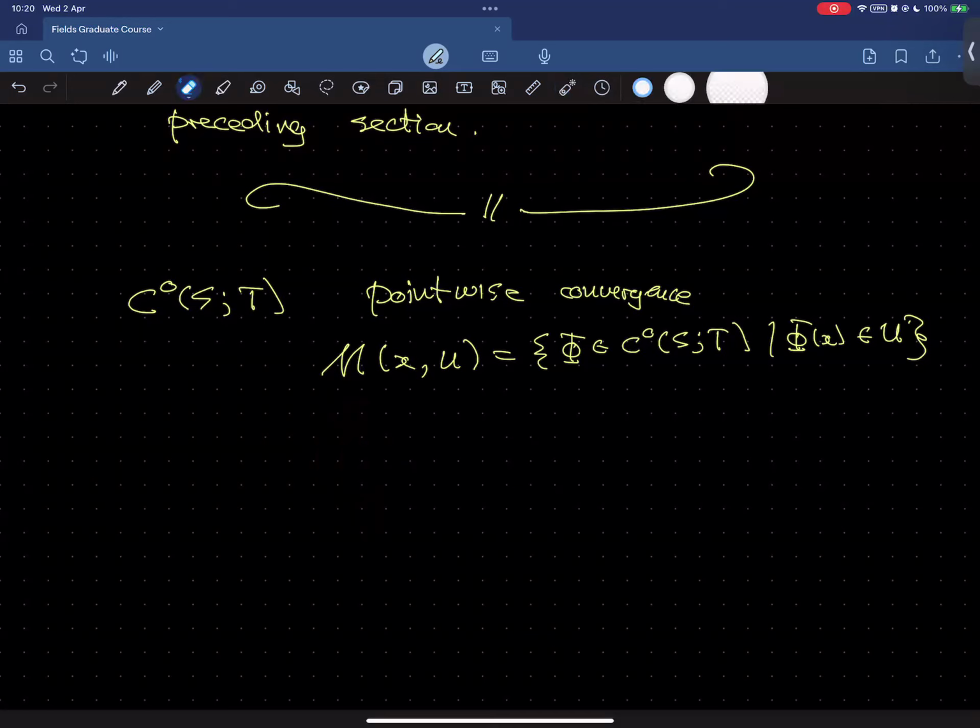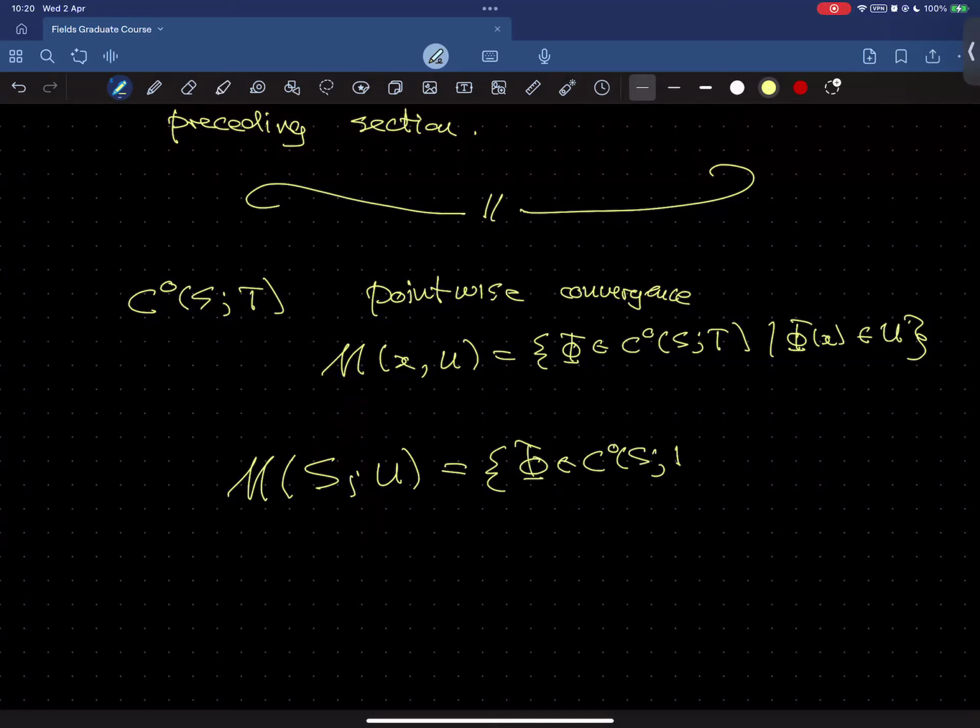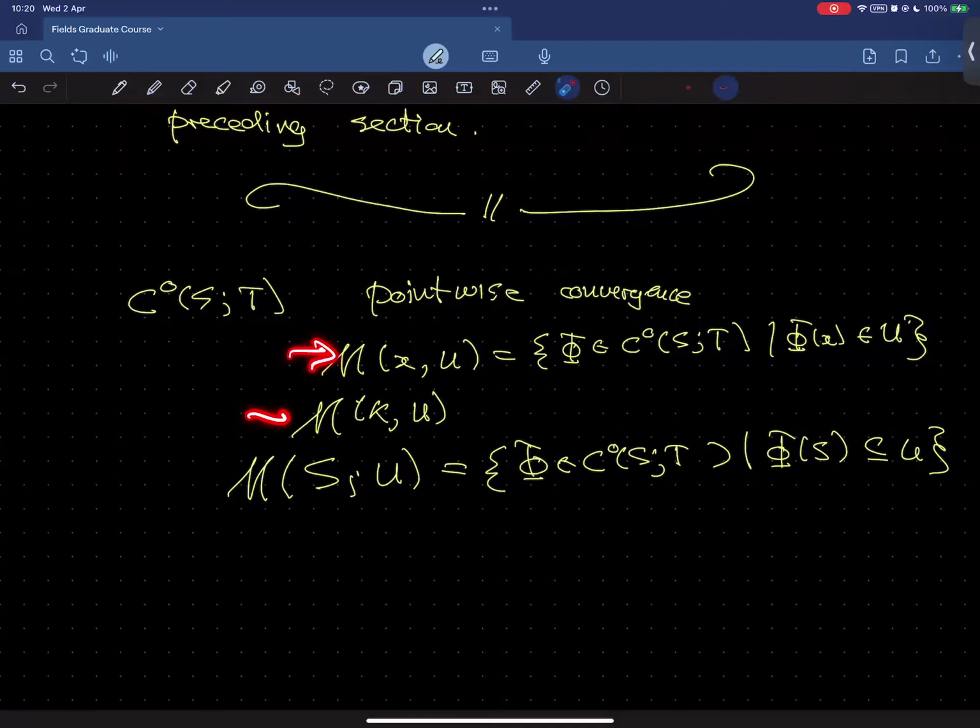What you would maybe like is to consider something where the subbase is S, U, where this is phi in C0(S,T) where phi of S is contained in U. What this means is that two mappings are close in the topology that has this as a subbase if they're close over all of S. So we have closeness at just points, we have closeness on compact sets, and then we have closeness over all of X. This goes from coarsest, to intermediate but still quite coarse, into a topology which is quite fine.